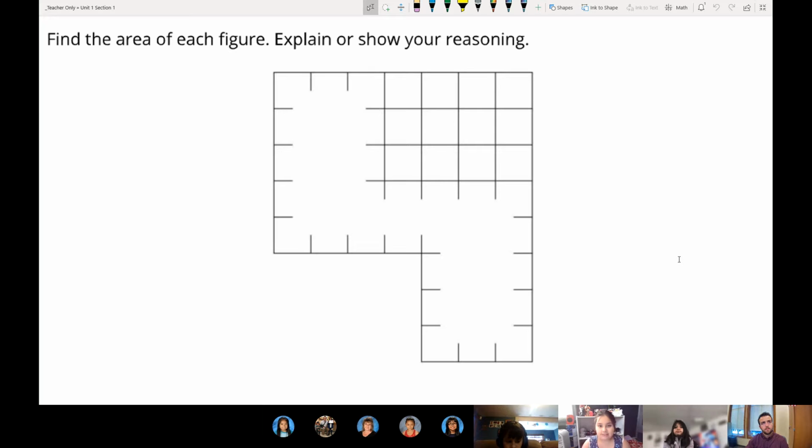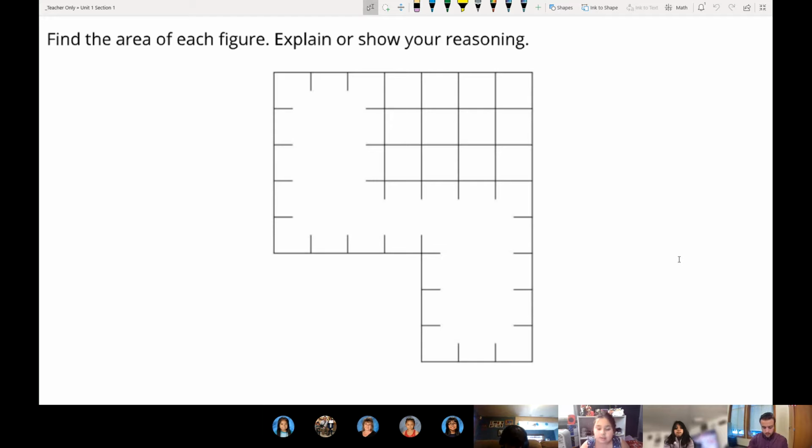So to count the area inside of the, to count all the squares inside of the area. Mm-hmm. For the ones that are blank, there's 2 more squares to add.